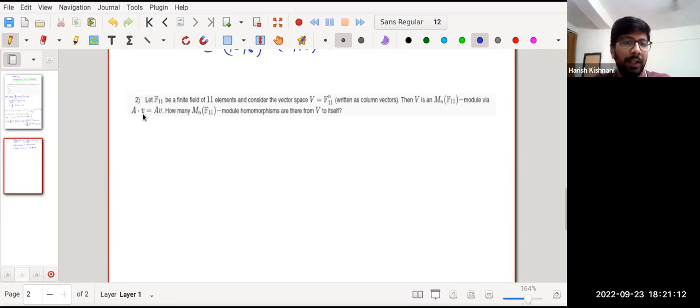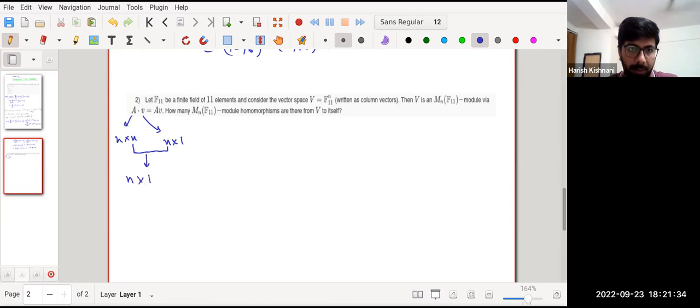It's going to be an n cross 1 matrix, so the multiplication is okay. What I mean to say is, this is an n cross n matrix, and this is an n cross 1 column vector. If you multiply, as this n is same as this, this multiplication is allowed, and the final output is an n cross 1 vector, right?